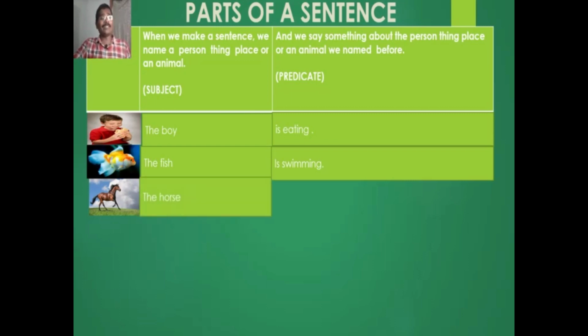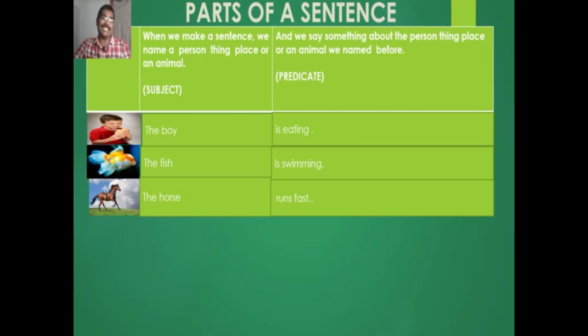Next, if you observe there is a horse. How can we name it? "The horse runs fast." It is a sentence. The horse is the subject of the sentence. "Runs fast" is the predicate. If you look at the next pic, there are two birds. How can we name them?